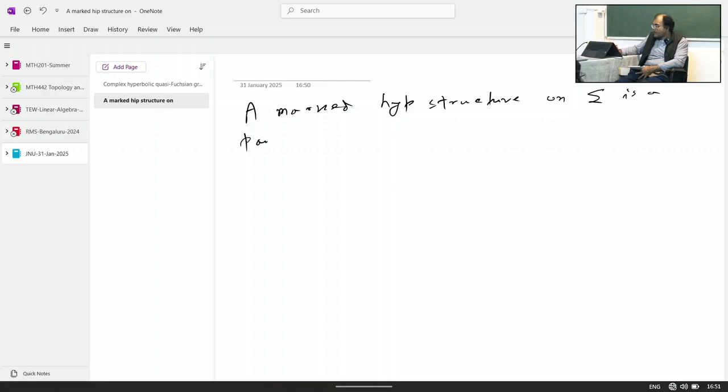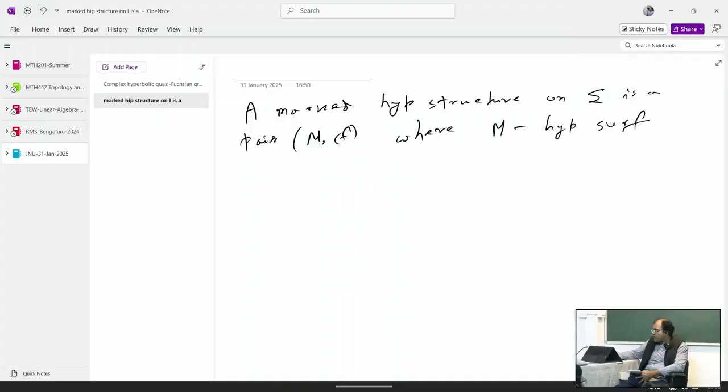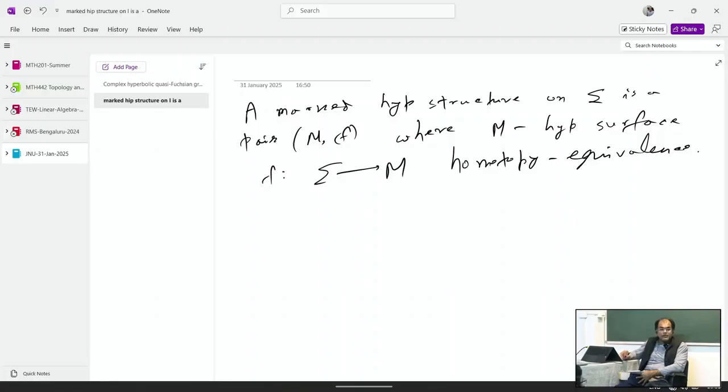So I call it a pair (M, f), where M is a hyperbolic surface and f, well, I am not considering it as a homeomorphism at the moment. You can consider it as a homeomorphism, but you can also consider it as a homotopy equivalence. So this will essentially give you the same thing.